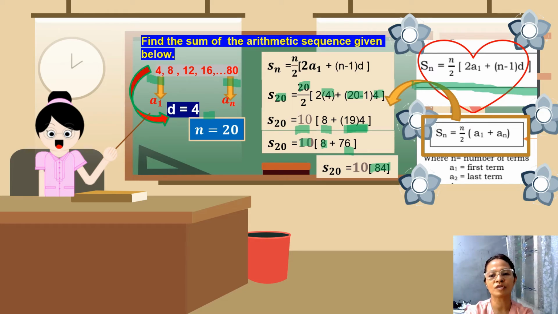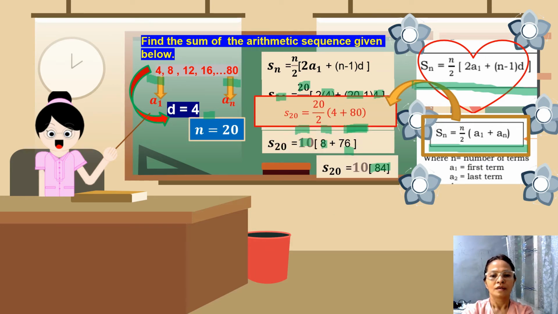We can also use the second formula: n divided by 2 times the quantity a sub 1 plus a sub n. Again, our n is 20, our first term is 4, and the last term is 80. 80 plus 4 is 84.